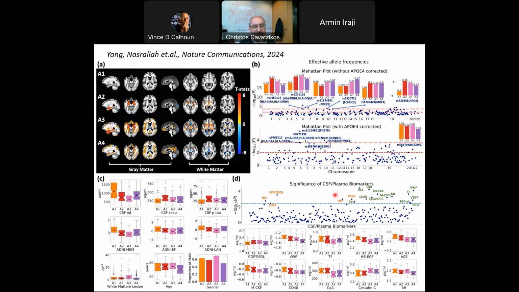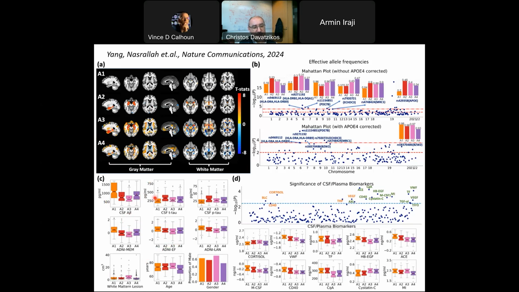He also looked at plasma biomarkers and CSF biomarkers, and a number of them were significantly different across subtypes. The same thing with CSF, with amyloid and tau, as well as clinical scores. For example, A3 here had the highest level of amyloid, and A1 had the lowest level of amyloid, as expected.